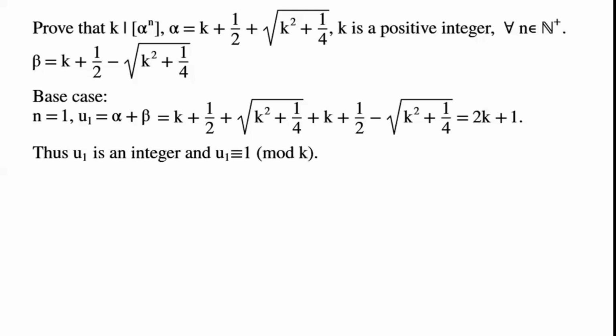Thus, u1 is an integer and u1 is congruent to 1 mod k.